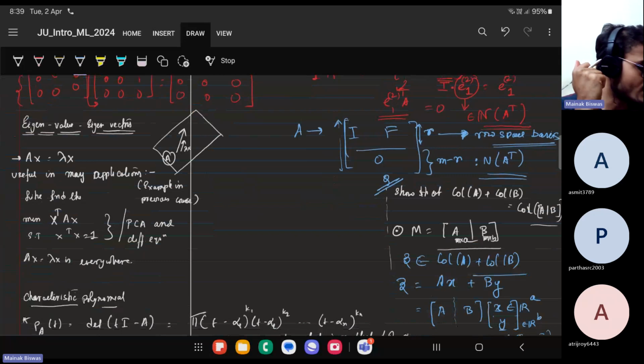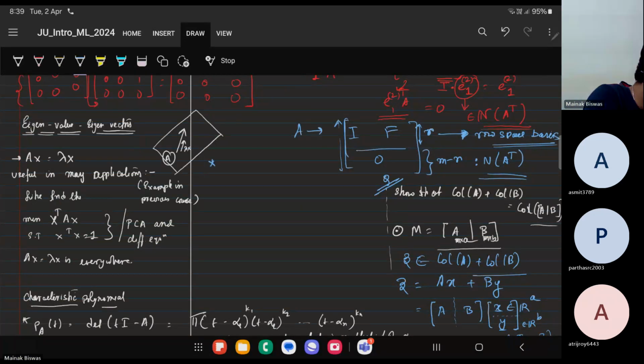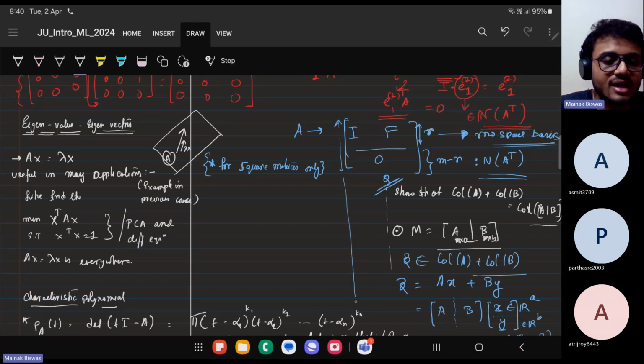Okay. So what we'll be discussing today is eigenvectors and eigenvalues. First disclaimer: this is for square matrices only, and we'll see why just now. Let's see what this eigenvector and eigenvalue actually mean. Say you have a square matrix.